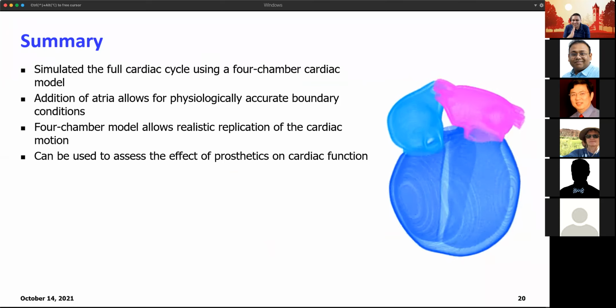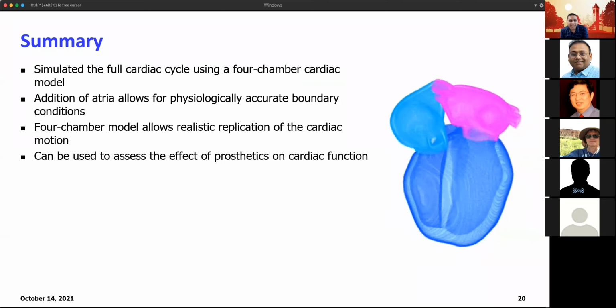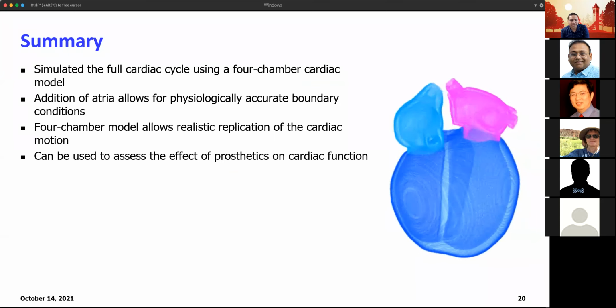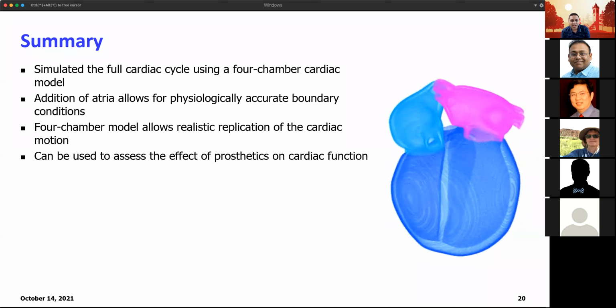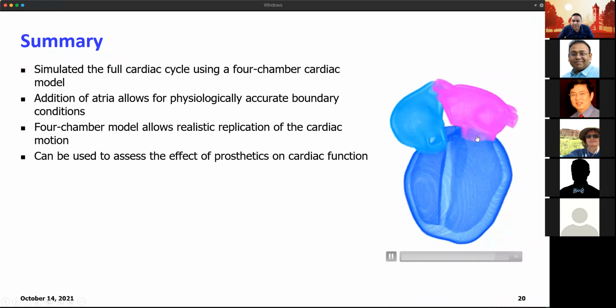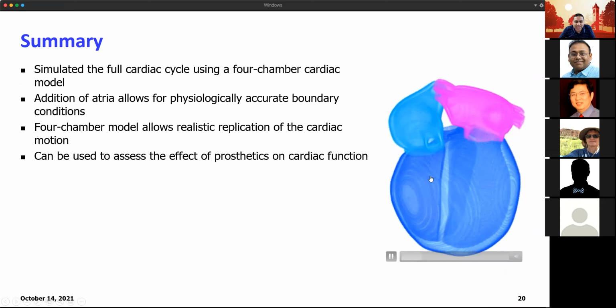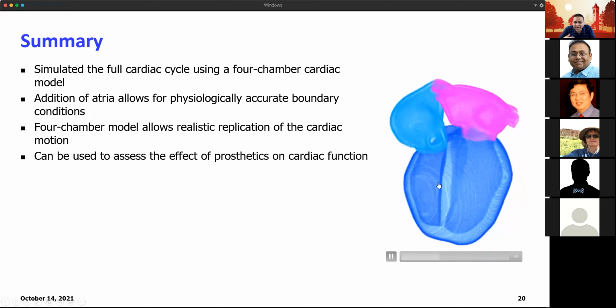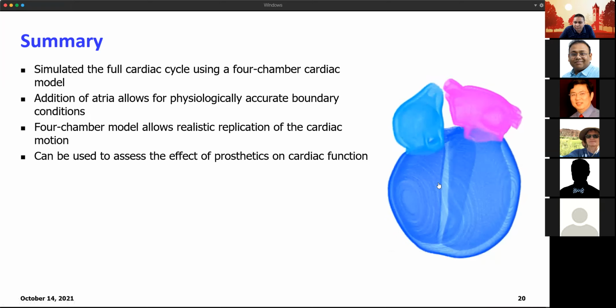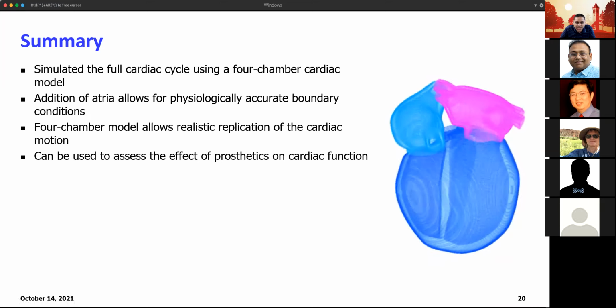So just to summarize the 4-chamber heart modeling: we could simulate a complete 4-chamber heart model. We essentially model the atria also, which allows for physiologically accurate boundary conditions, and then we have a realistic or accurate movement of the whole heart itself.